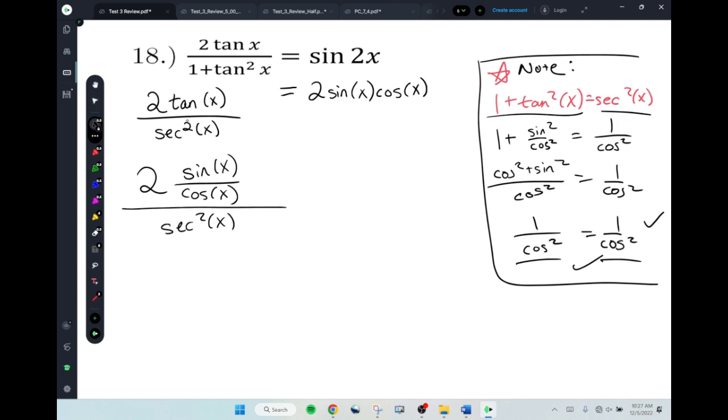I thought, but you see, on the question, the right side says 2 sine x cosine x. Yeah, we're not done yet. We got to fix that secant. And what was that note thing that we did? The note was to get from 1 plus tangent squared to secant squared. I'm lost.